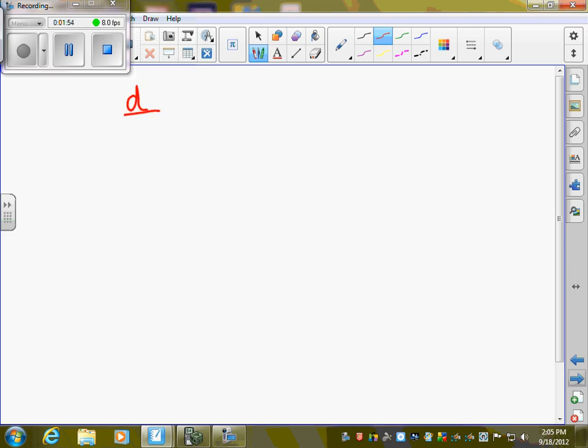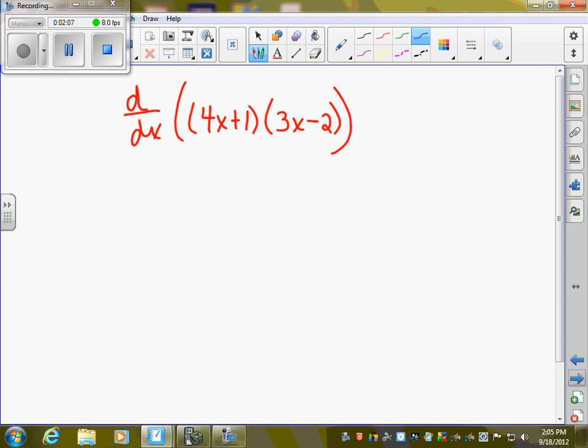So let's say I wanted to take the derivative of 4x plus 1 times 3x minus 2. So that's two different functions being multiplied together. So we just define one of them, and I'm going to use the uv notation as u and the other one to be the v. Okay. So here's what we're going to do. Remember that it's u times v prime plus v times u prime.